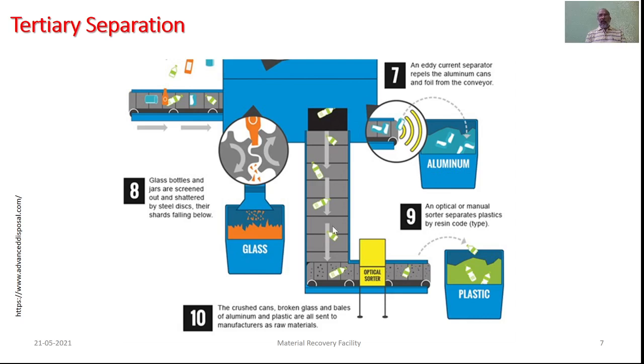So here at the end, these crushed cans, broken glass, aluminum, plastic are sent to the subsequent center which would be attracting all such separated materials as raw material to manufacture new products.